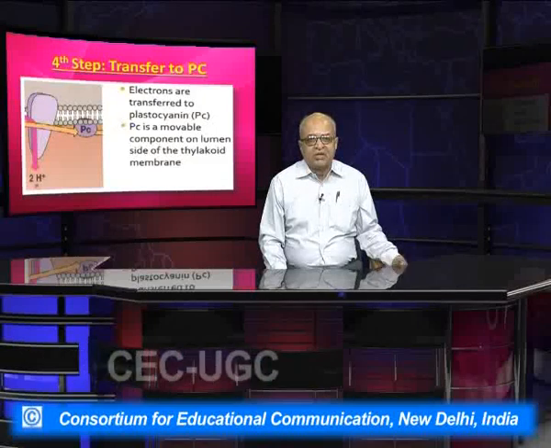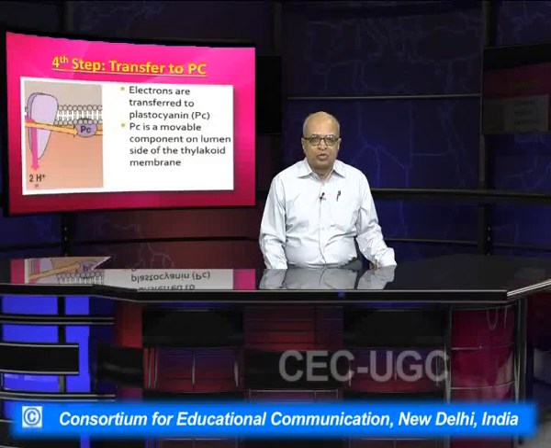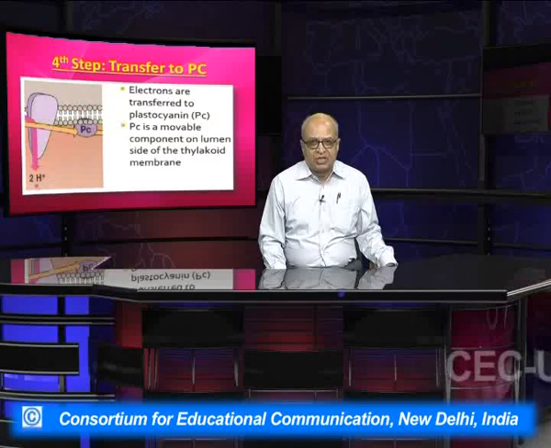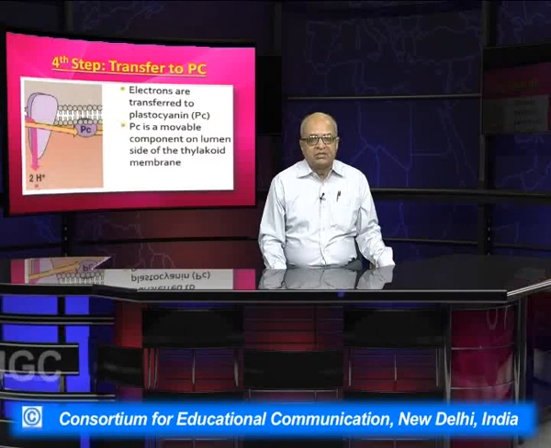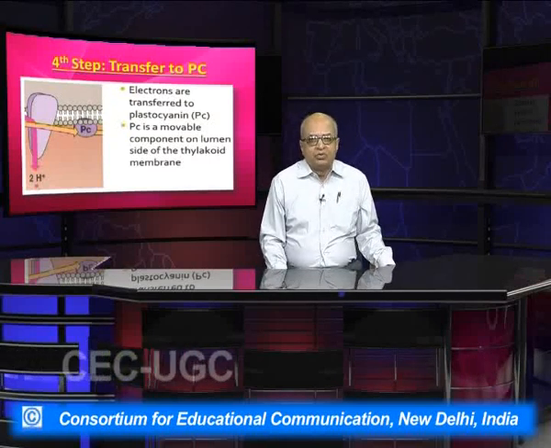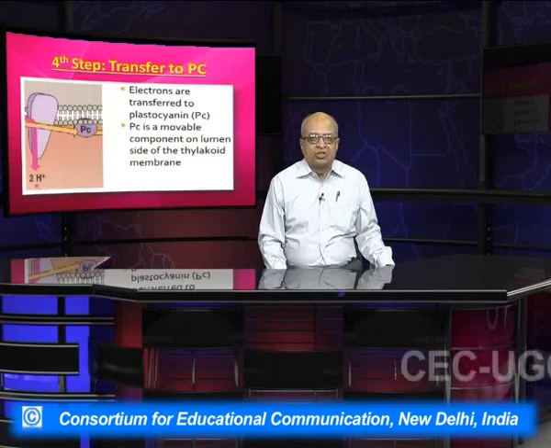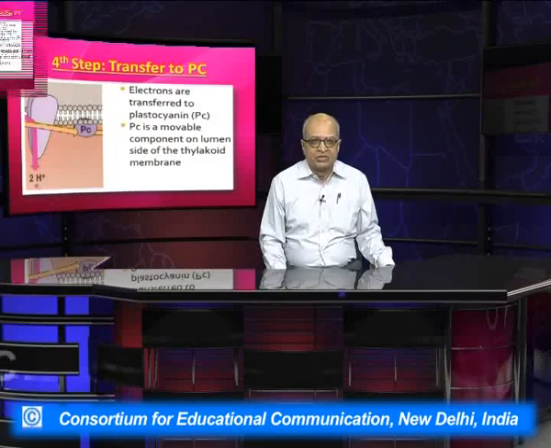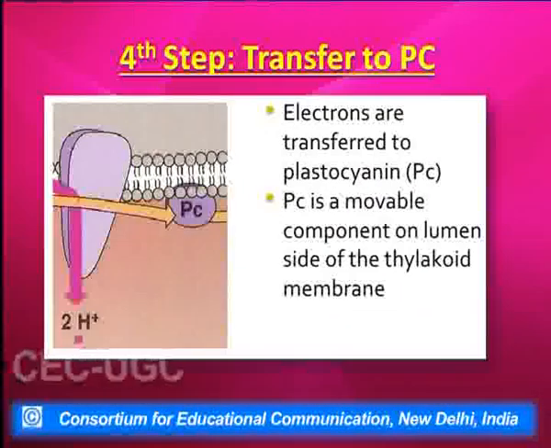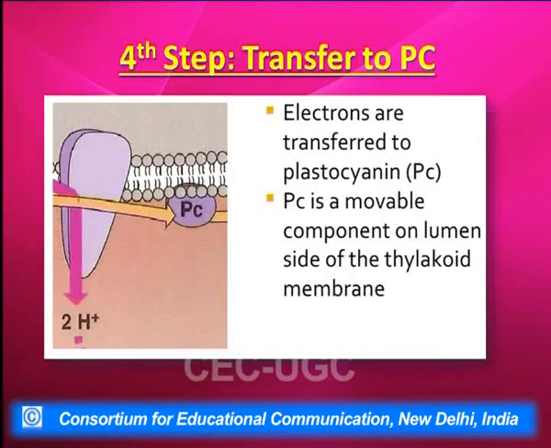After the third step, now we enter the fourth step. You should remember there are enough H ions in the lumen, and the lowermost position of the electrons after the transference from the cytochromes is the plastocyanin. We should remember plastocyanin is a copper containing carrier, and the plastocyanin is also a movable element.